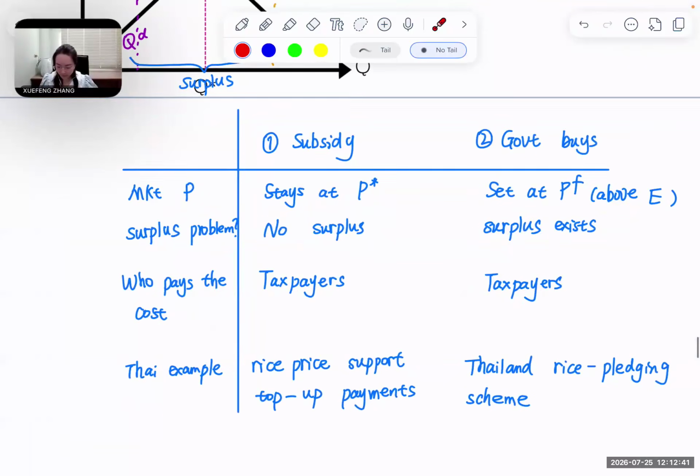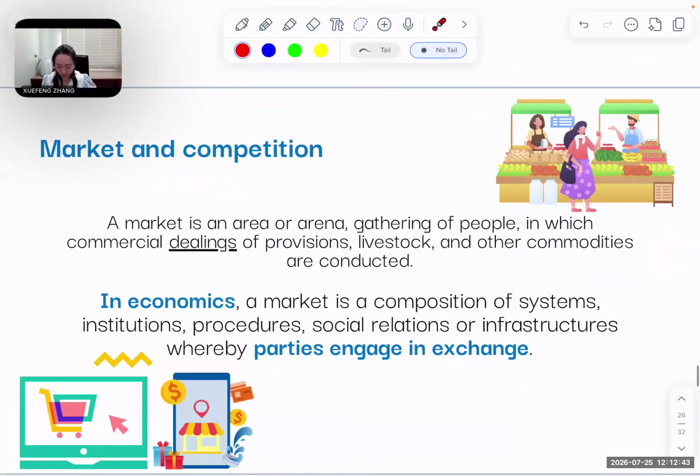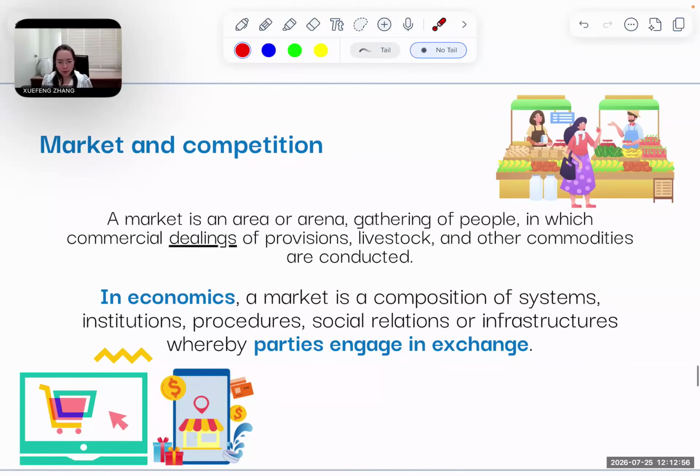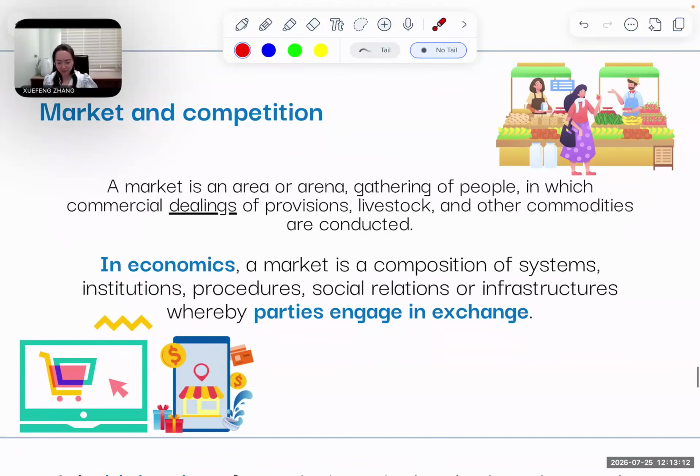Next one, market and competition. We are shifting gears now, right? We're done with equilibrium and price controls, moving into market structures. Quick recap on what market really means. Everyday sense, right? A physical place like Wararot Market, Langmo Market, a wet market, a place with stores and vendors.